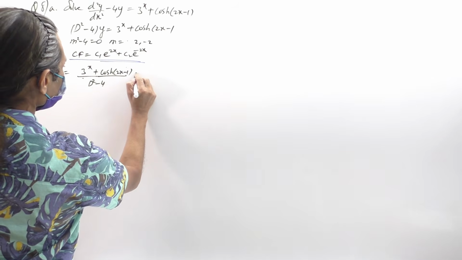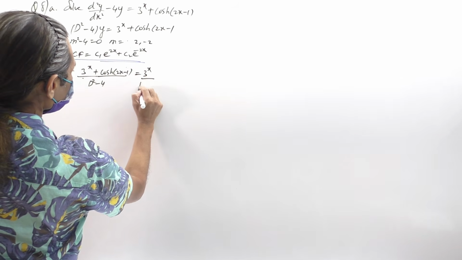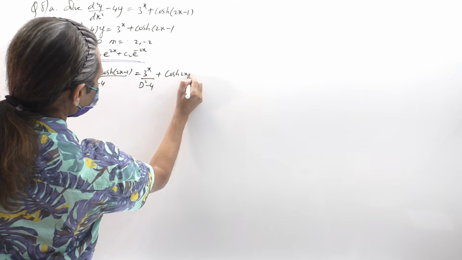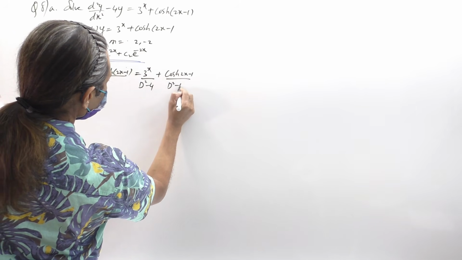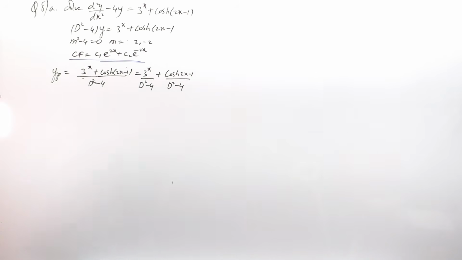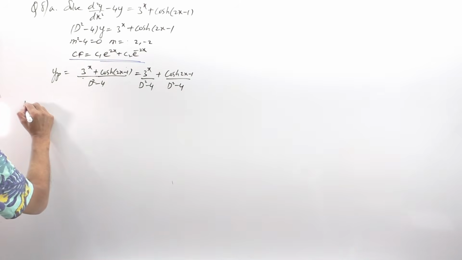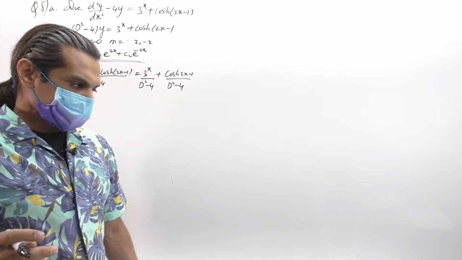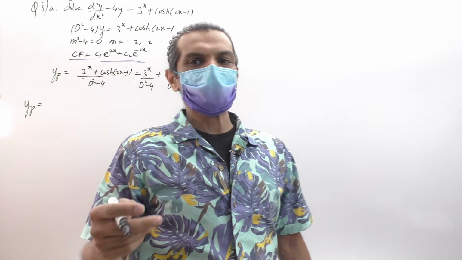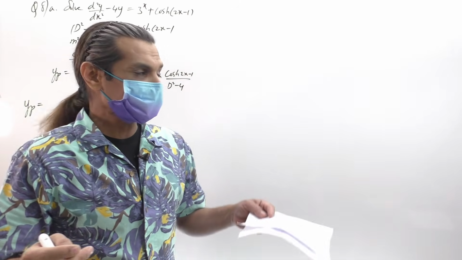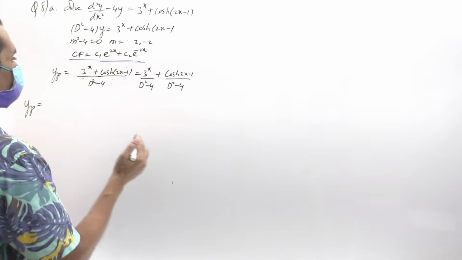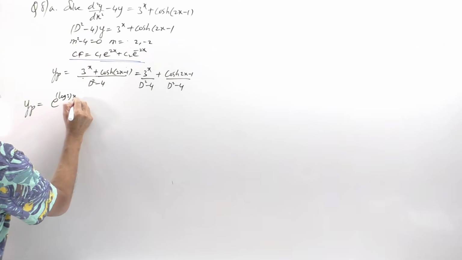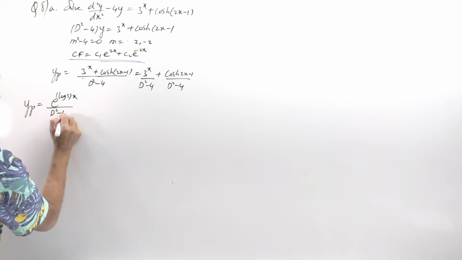So this will be 3 raised to x upon d square minus 4 plus cos hyperbolic 2x minus 1 upon d square minus 4. That implies yp is equal to, see, 3 raised to x can be converted to exponential form, that is a raised to x is equal to e raised to log of a into x. So you can write 3 raised to x as e raised to log 3 into x, that is e raised to x form, upon d square minus 4.